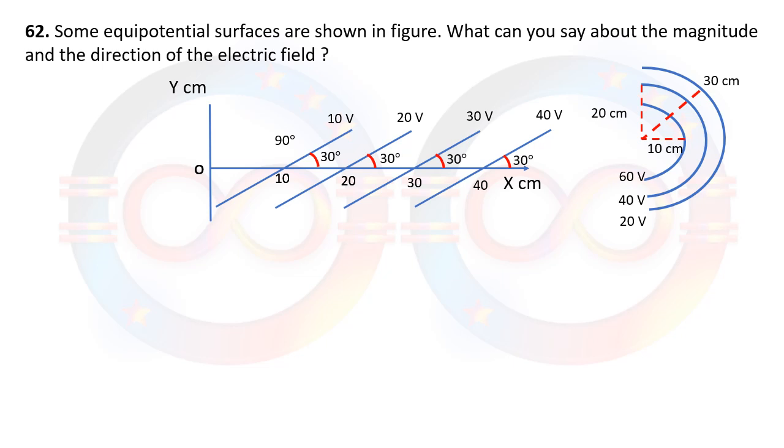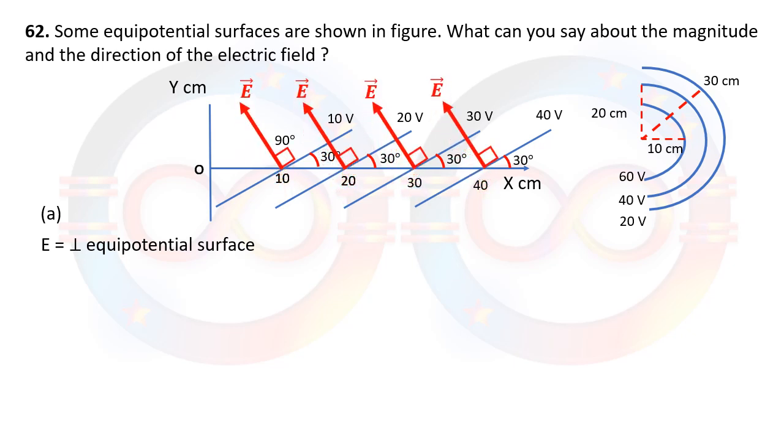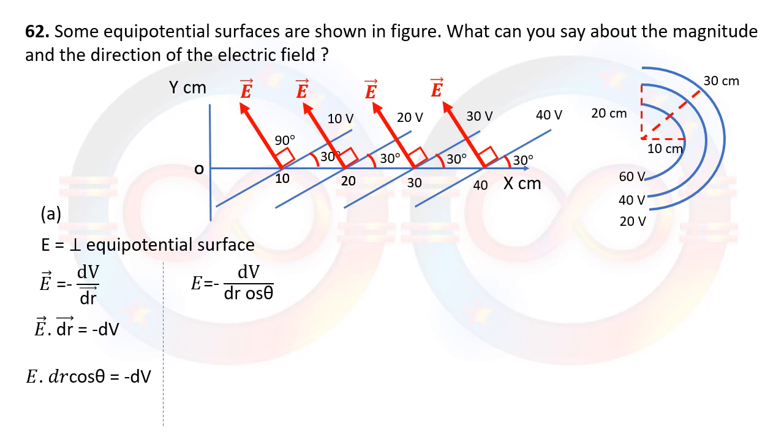We have to calculate what is the electric field over there. We know that electric field is always perpendicular to the equipotential surface. So if we take the relation E is equal to minus dV upon dr, we can write dV is equal to E dot dr, and the dot product of two vectors is A B cos theta. So dV is equal to E dr cos theta, or E is equal to minus dV upon dr cos theta.